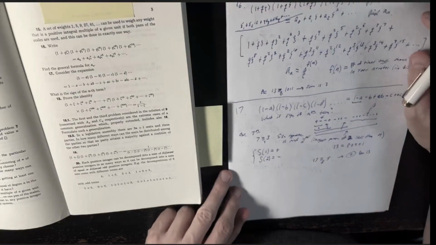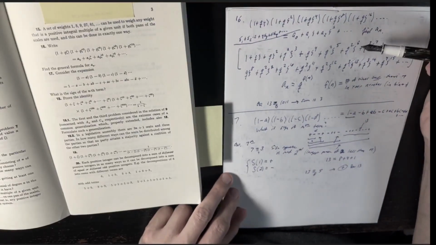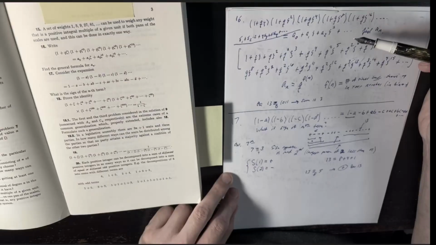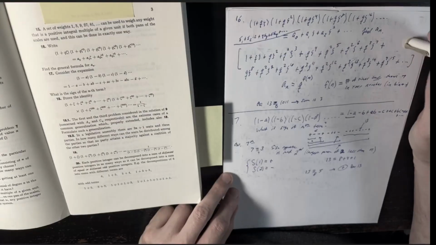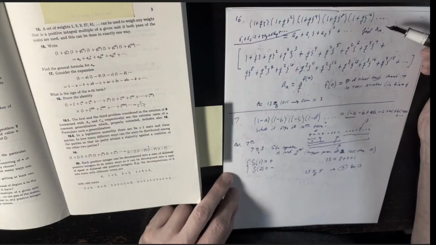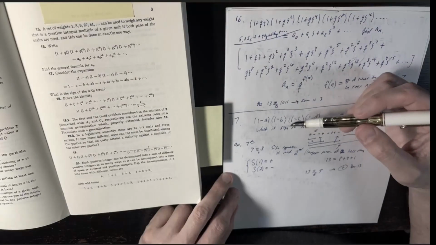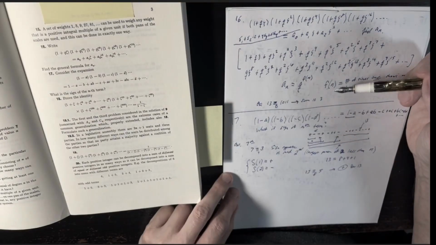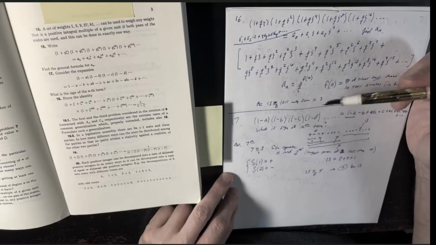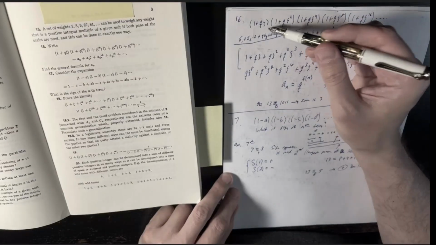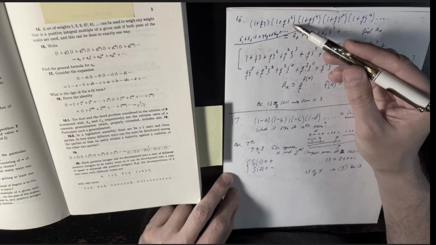I was only thinking about it because I just did 16. But how do I say that cleanly? Just let A be this and B be this.